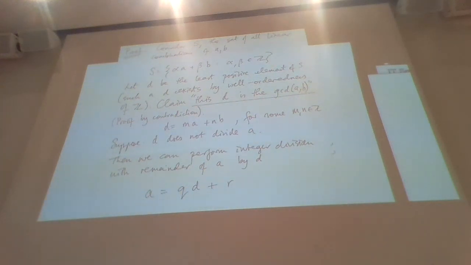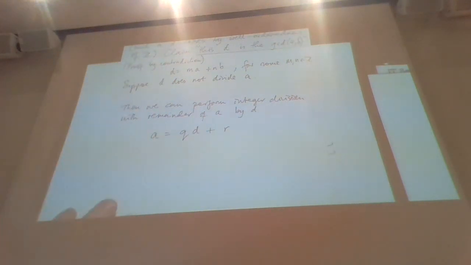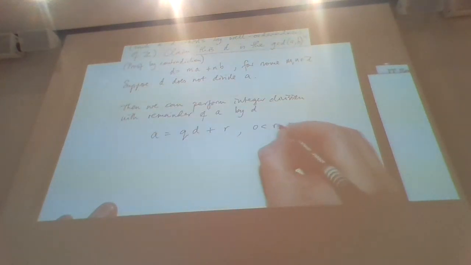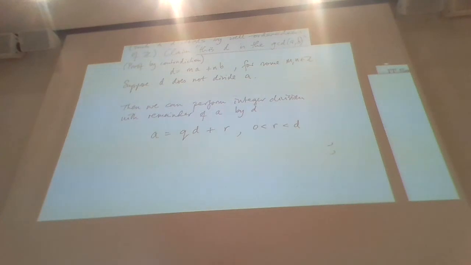Now, the integer division process with remainder says that the remainder R is bigger than or equal to 0 and strictly less than D. But we're assuming here that D does not divide A. So that means the remainder R must be strictly bigger than 0 and strictly less than D. Well, if we focus this equation now on R, we'll have R is A minus QD.